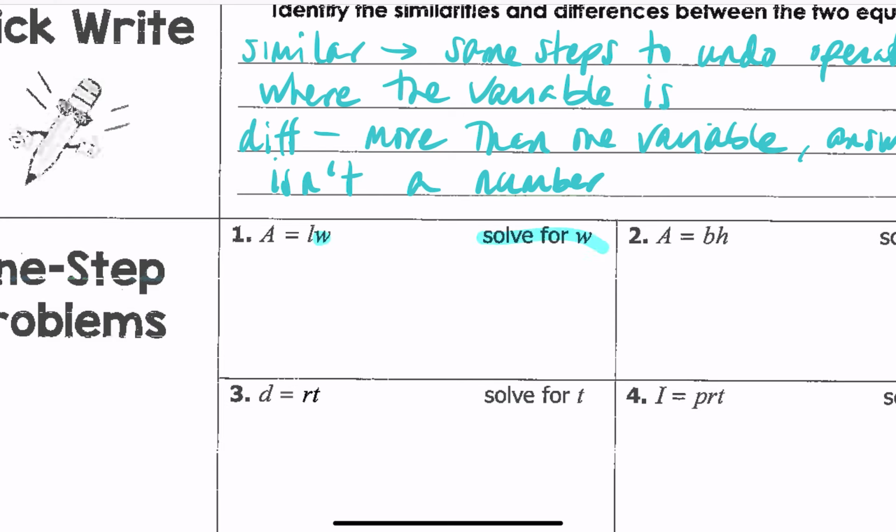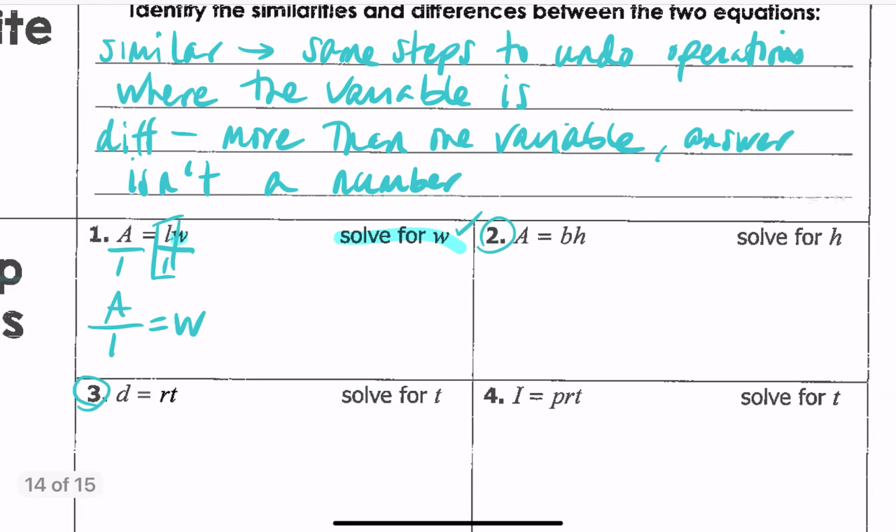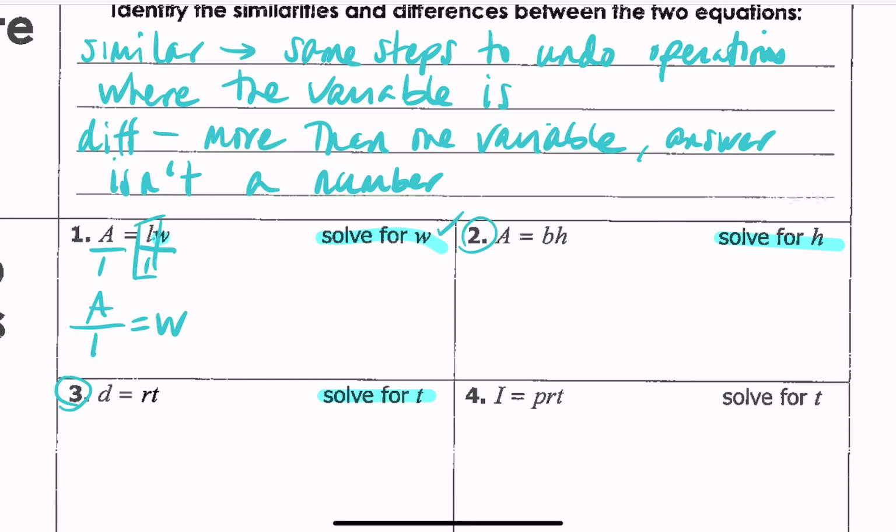They want you to solve for W. They could have asked you to solve for L. It's already solved for A. So to solve for W, I've got to get rid of the L. It's being multiplied, so I have to divide both sides by L. I get A over L, and this becomes a 1, L over L is 1, equals W. So I solved for W. I did what they asked me to do. I'm going to let you do number 2, and number 3, because they're very similar. Just make sure you're paying attention to what they're asking you to solve for.